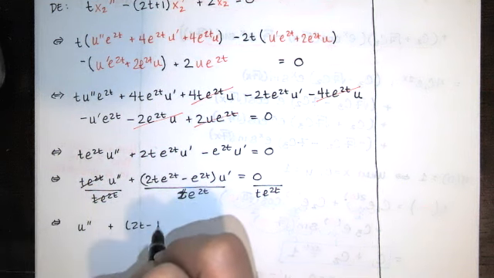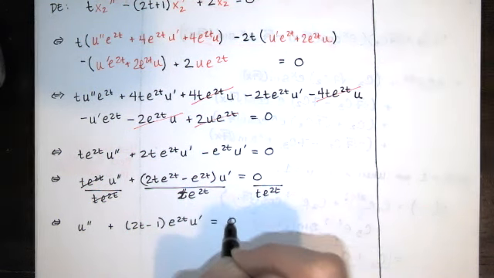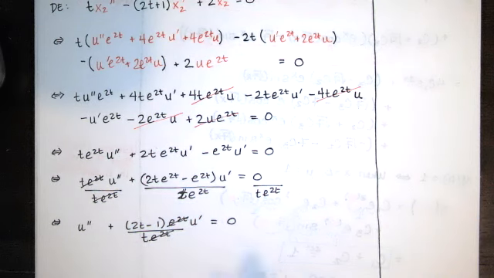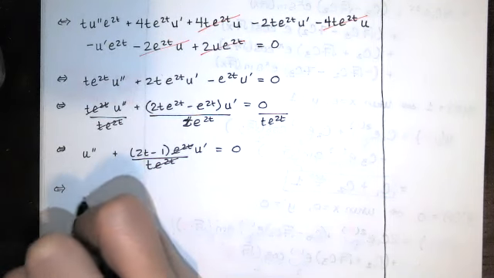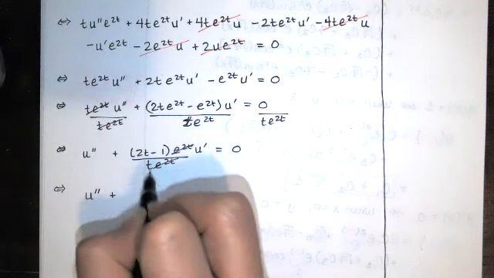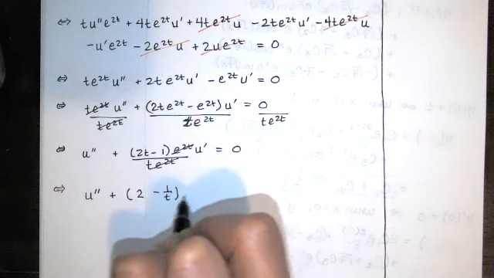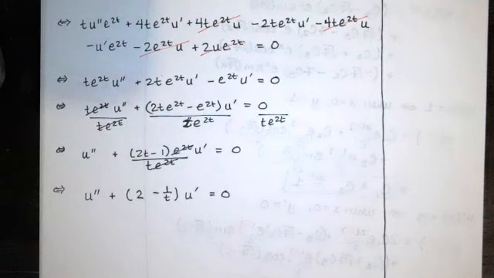And if I factor out the e to the 2t there, I have this. So the e to the 2t's reduce, and we end up with this. If I divide each of those terms by t, I have 2 minus 1 over t times u prime. That's first order linear in u prime.